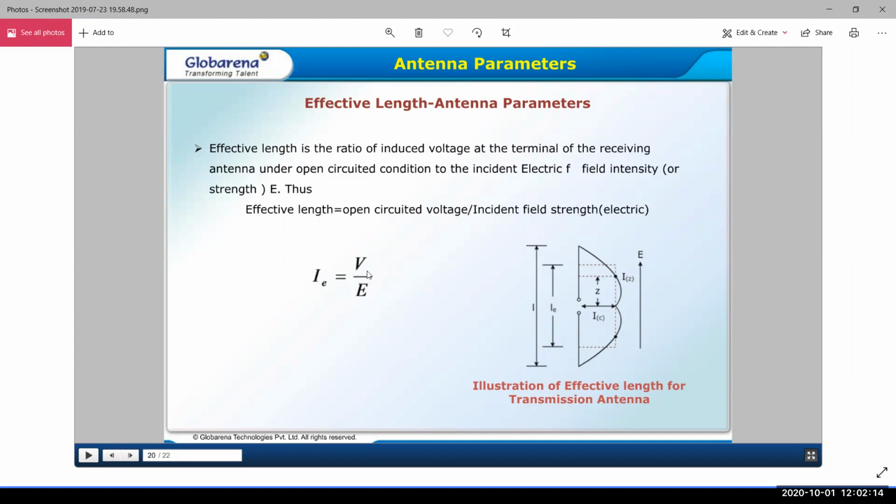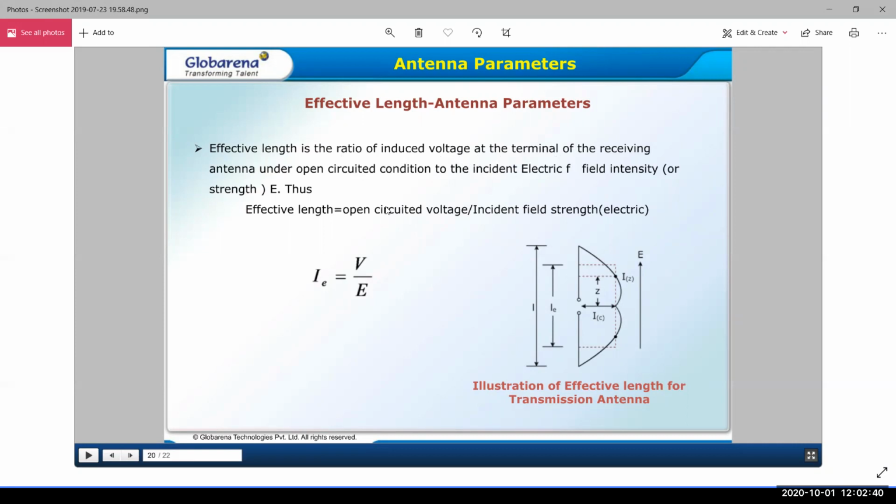V by E is nothing but the effective length of the antenna. It's very simple. Again, effective length of the antenna is the ratio of induced voltage at the terminal of a receiving antenna under open circuit condition to the incident electric field.